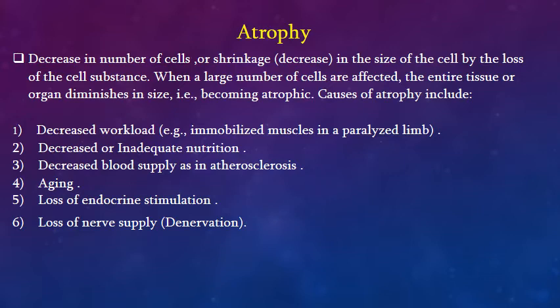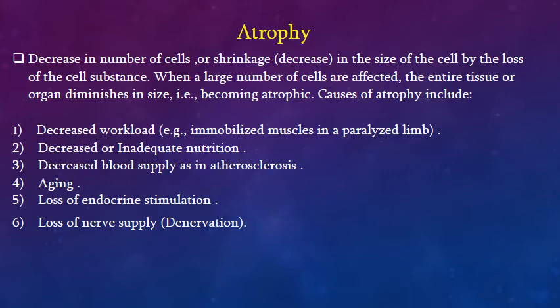Of course, because every blood vessel supplies an organ, when the blood vessel is narrowed, it decreases the blood supply to that organ. Decrease in the blood supply to that organ will lead to the atrophy of that part of the body.